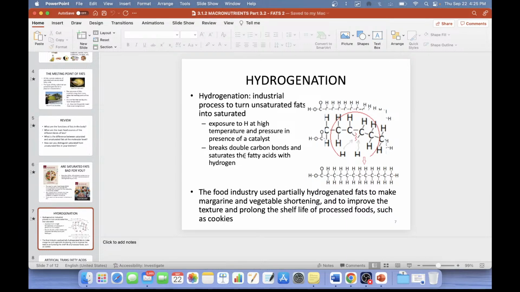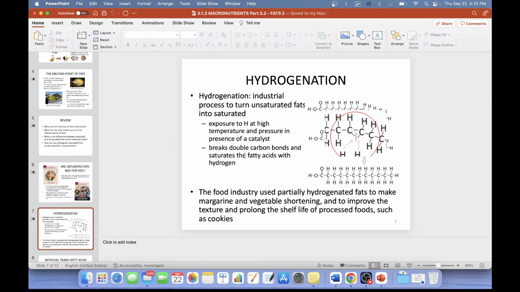So if you expose the fat to hydrogen and break the double carbon bonds, then you favor the forming of a saturated fatty acid molecule, where the carbon atoms are attached to as many hydrogens as possible. That's what hydrogenation is. It's the saturation of fatty acids with hydrogen.